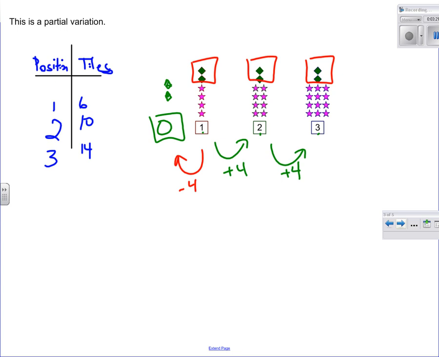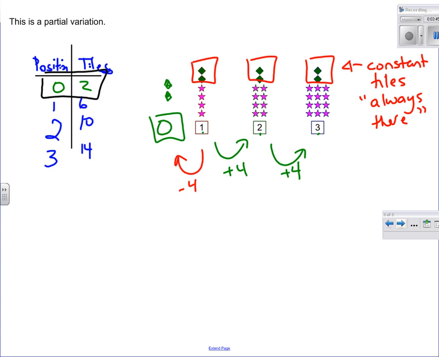So for position 0, I would have 2 tiles. So I can recognize that I have something that's always there. So this is my constant tiles, or always there. And if I look on my table, when I have position number 0, I have a tile number other than 0, and that's how I know that I have a partial variation.